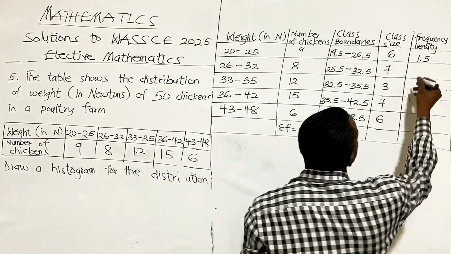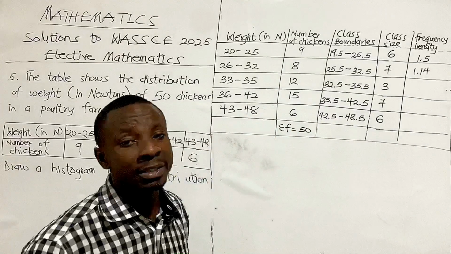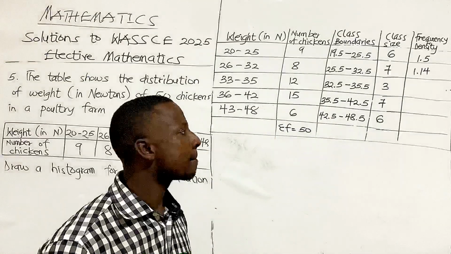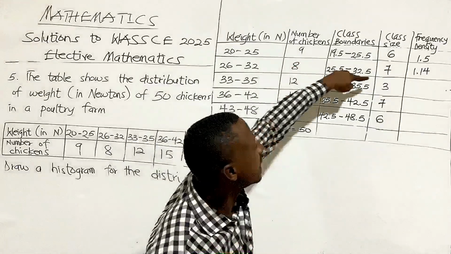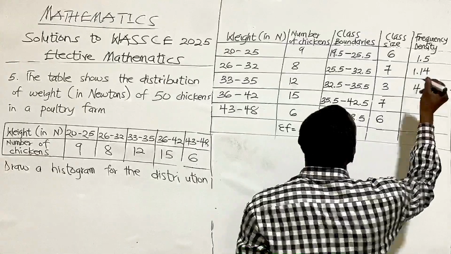All right, so we have 1.14. We are correcting to 2 decimal places. 12 divided by 3, we are getting 4.